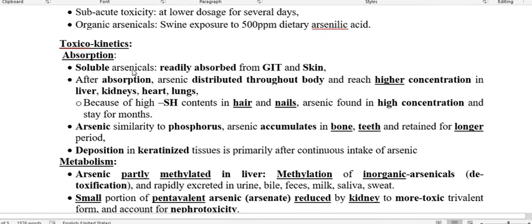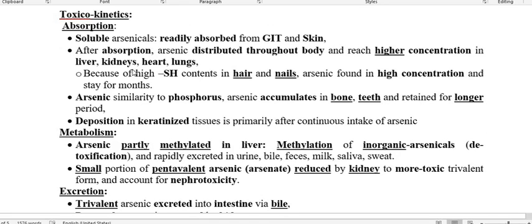Now we have to go through the toxicokinetics. What is the toxicokinetics of any toxic agent? Toxicokinetics is the pharmacokinetics of a toxicant. It means absorption, distribution, metabolism, and excretion. Regarding the absorption of arsenic, particularly the trivalent form is absorbed more because of its solubility.